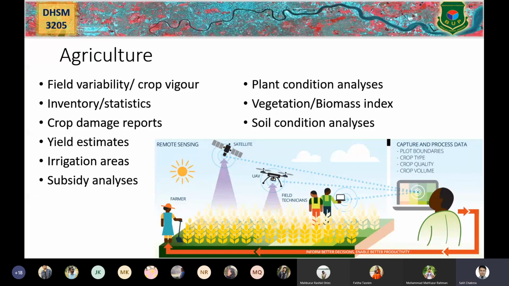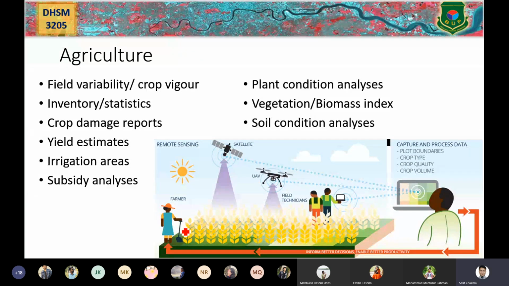So in the Western world, or in developed countries, they use remote sensing technology to monitor everything. Instead of having a lot of manpower, they have satellites and drones. These satellites and drones fly over the field and they collect data.